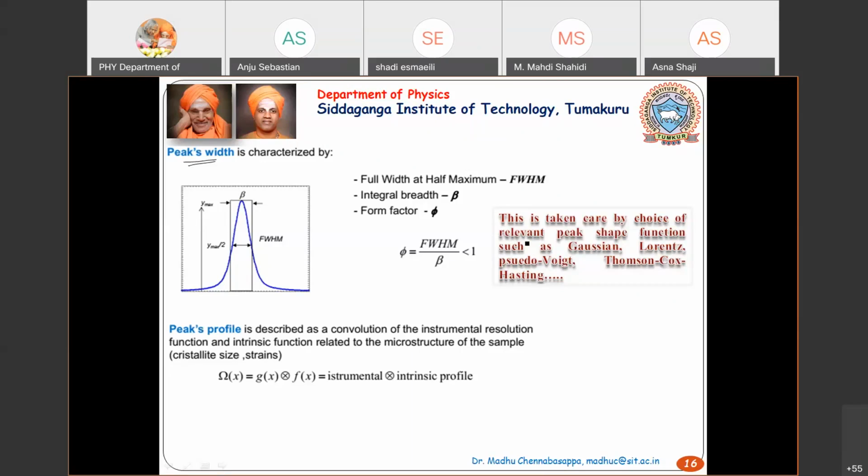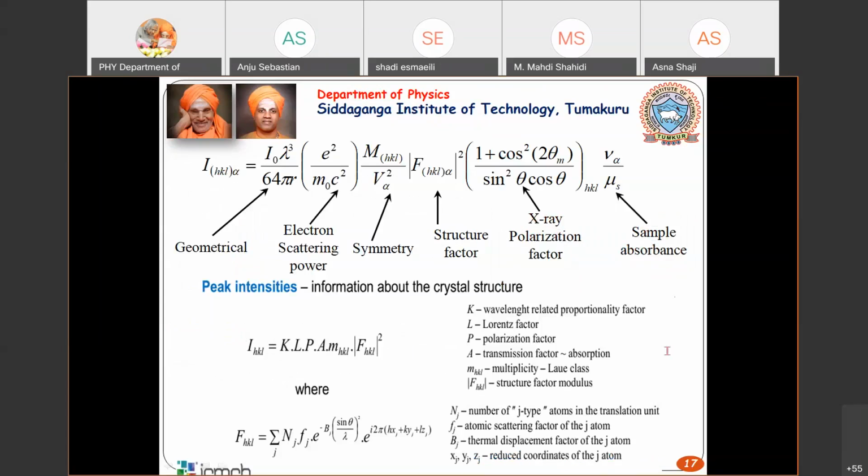I don't want to scare you by putting such a big equation, but I just want to tell you what parameters give the intensity. Similar to your peak width, where you have a contribution from your instrument: if you use a big slit, your peak is broader.